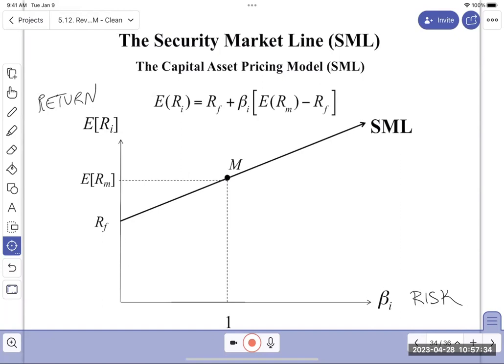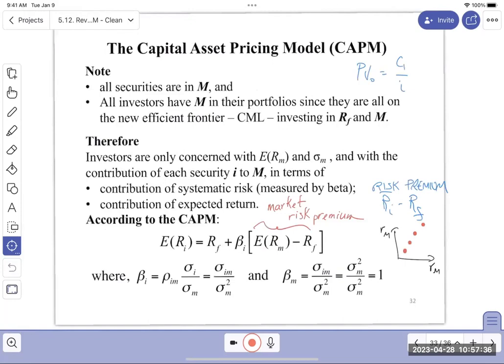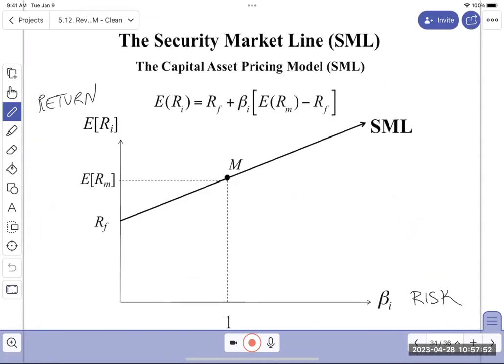No, the slope of this line was 1, but that's not what I'm marking here. So you've got to be clear about your axis, right? This is a different axis. And this line is this equation.